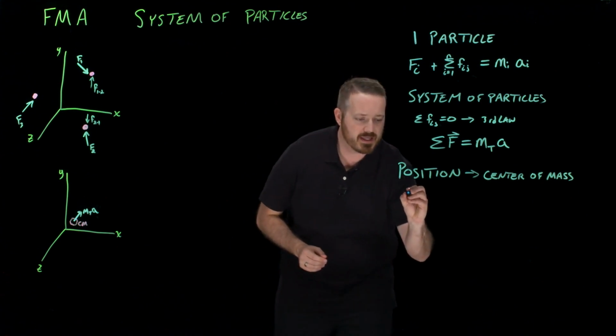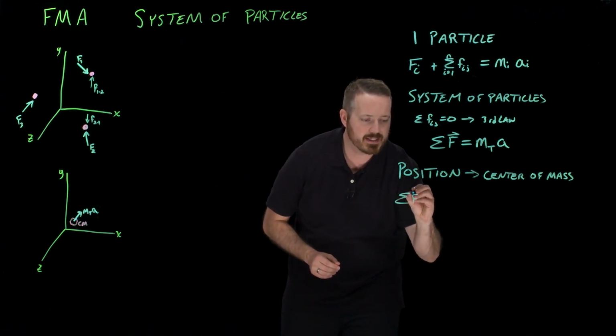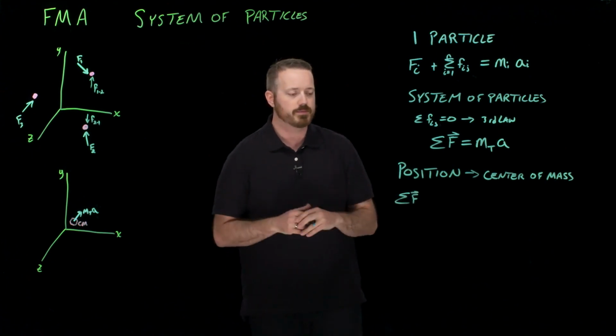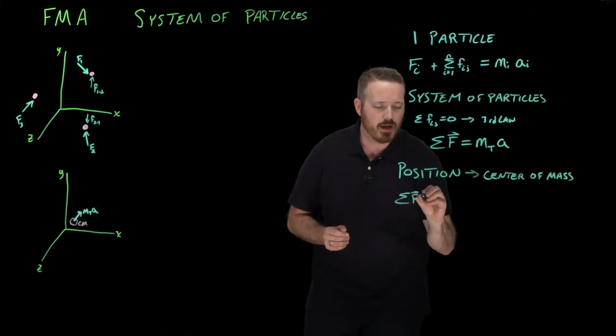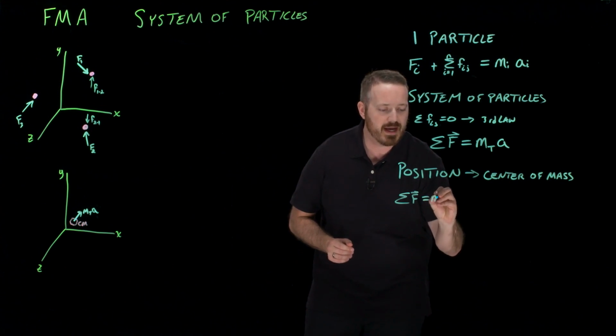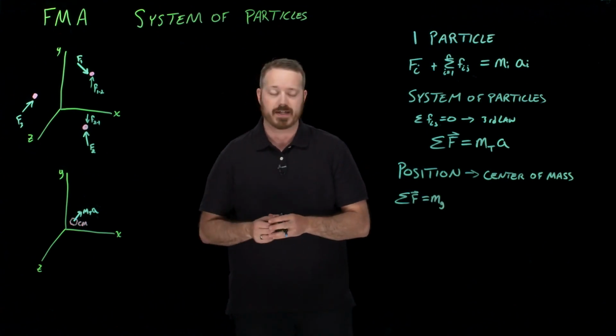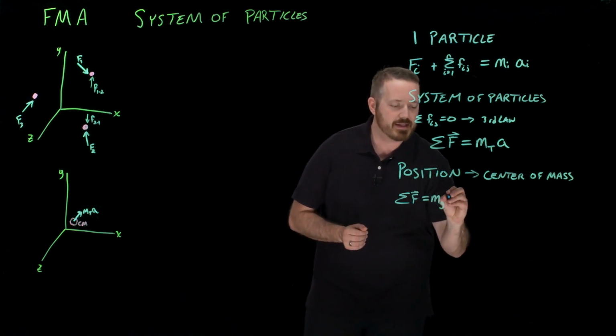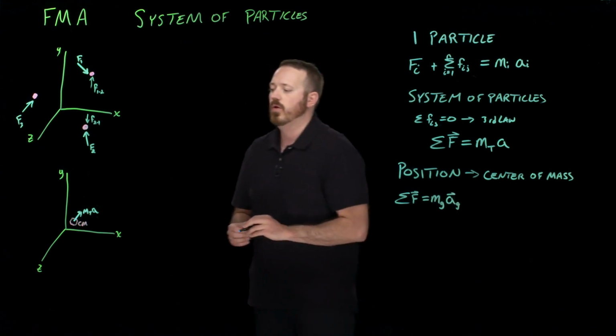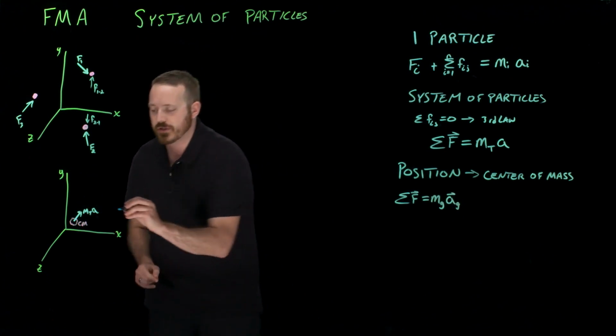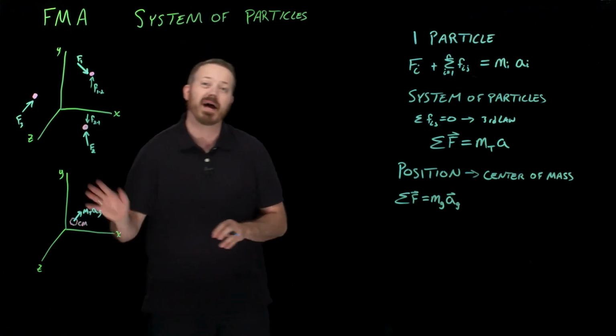So the sum of the external forces acting on all of the particles is equal to the mass, which I'll say G, that is the mass of all of the particles together, and the acceleration G as a vector, where we mean the acceleration of this center of mass.